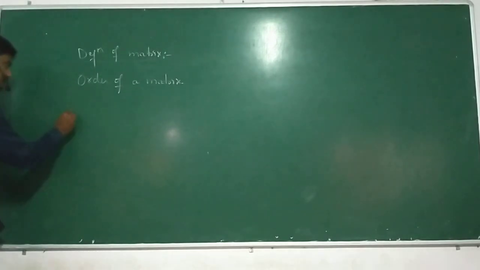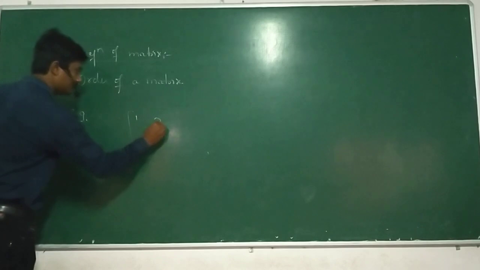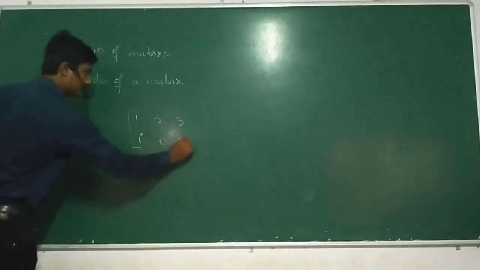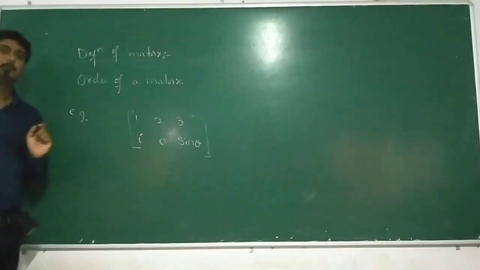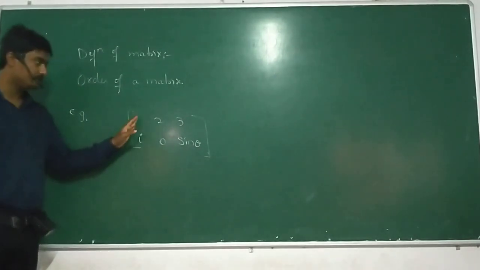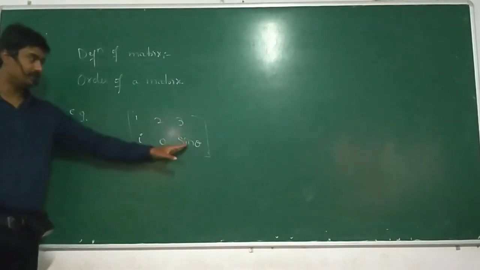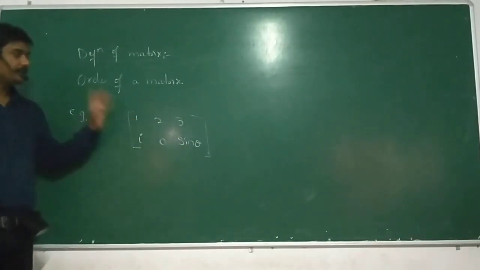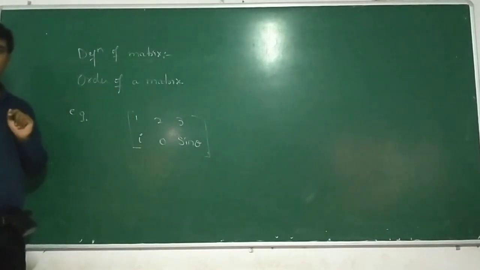For example, this is one matrix. What we have done here, we have arranged the numbers which can be real or imaginary and even functions. And the entire arrangement is enclosed within the square brackets.